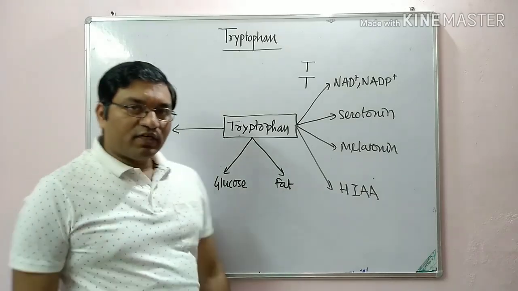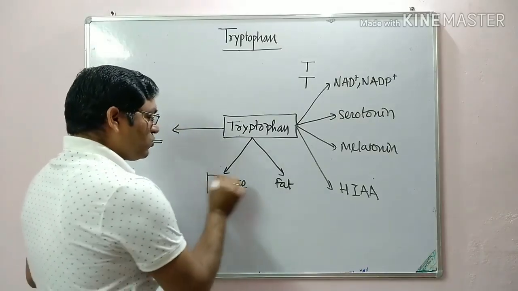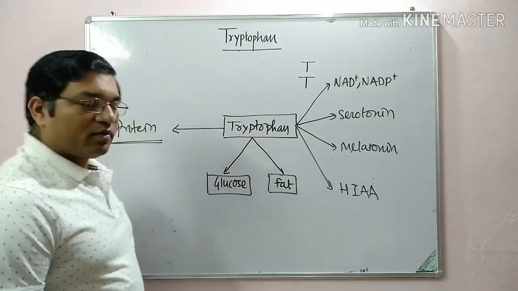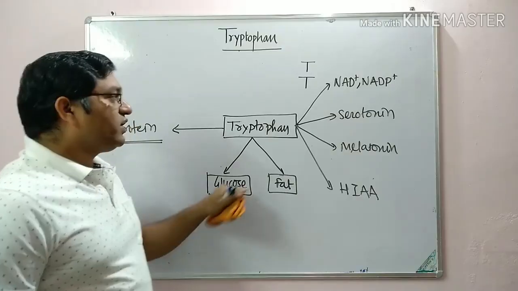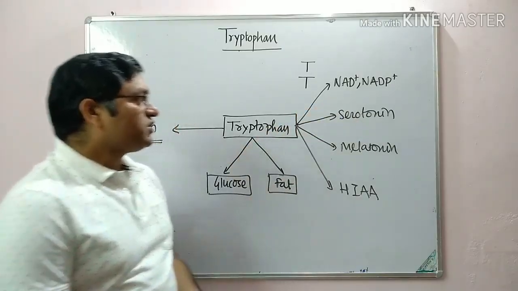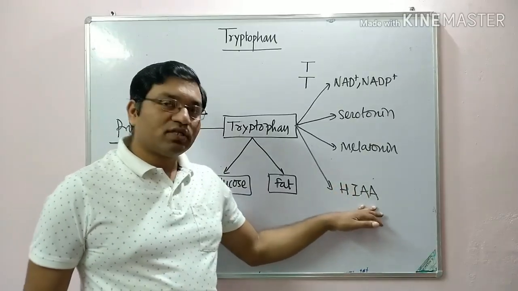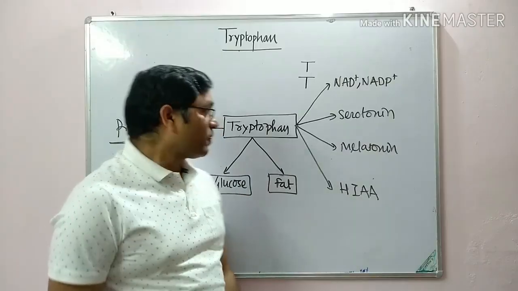In the major pathway, tryptophan will give you glucose and fat, while in the minor pathway, or in the minor percentage, it will give NAD, NADP, serotonin, melatonin, and it is excreted as hydroxyindole acetic acid.